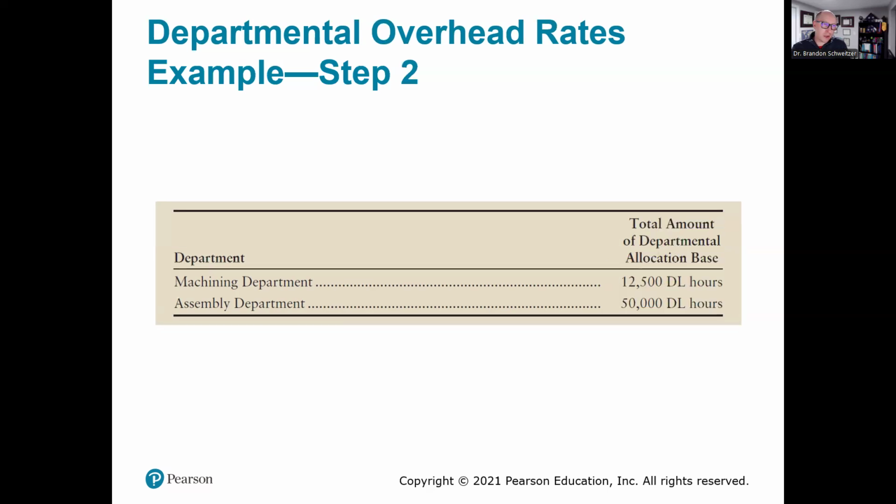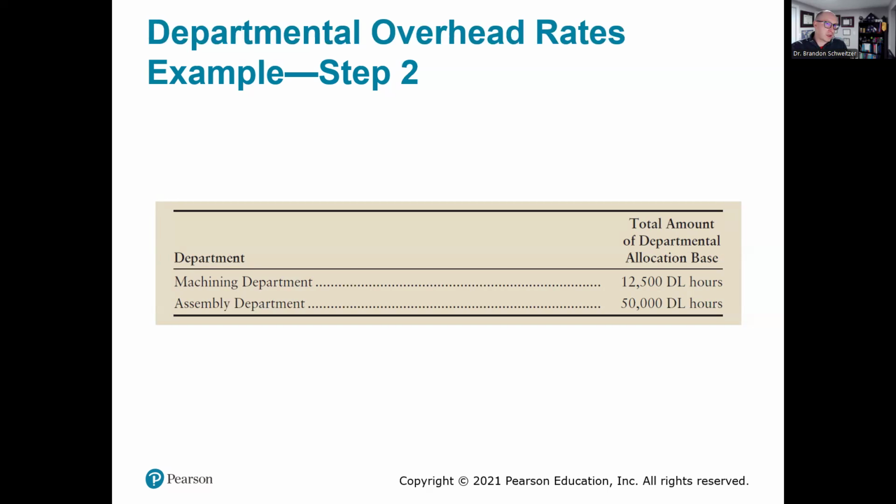Step two is our allocation base. As I had mentioned, it's very common for us to use direct labor hours as the allocation base. And so we know that the total direct labor hours from our earlier example was 62,500.